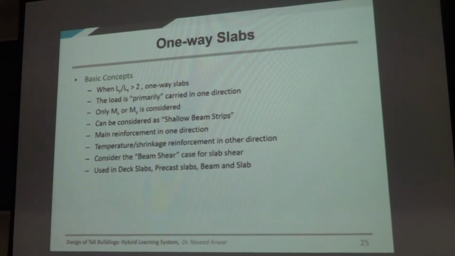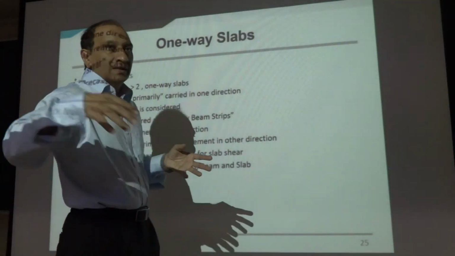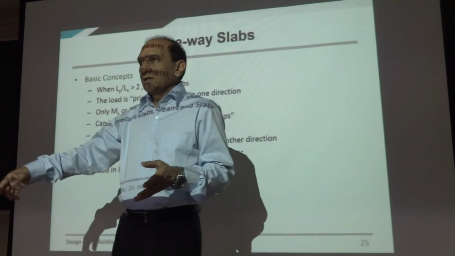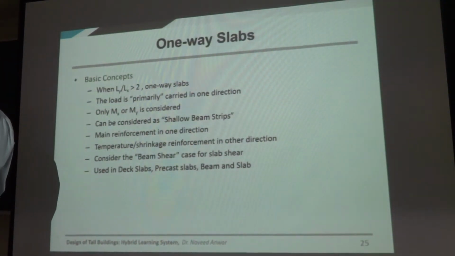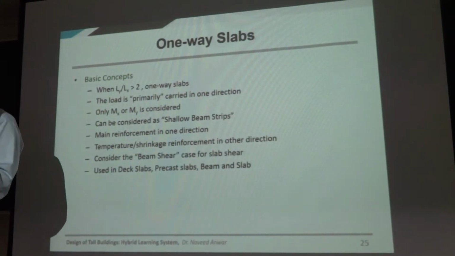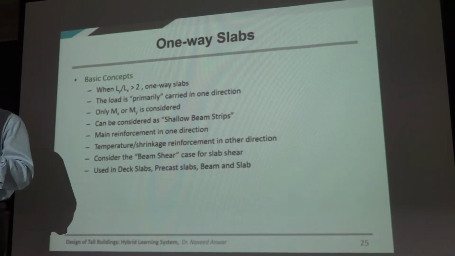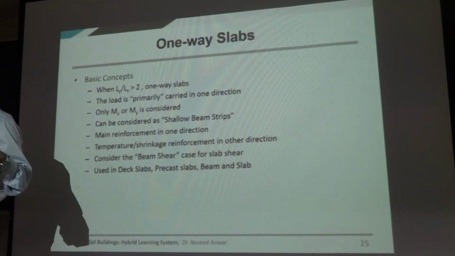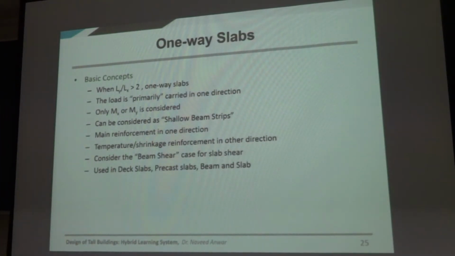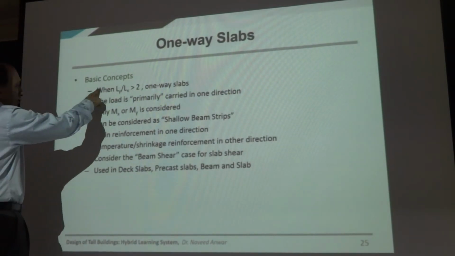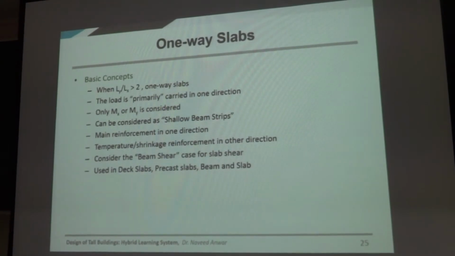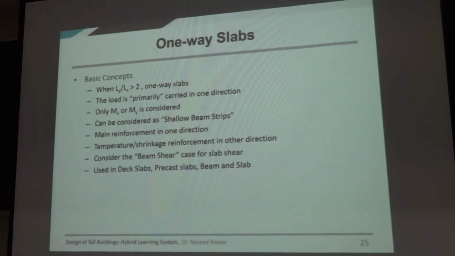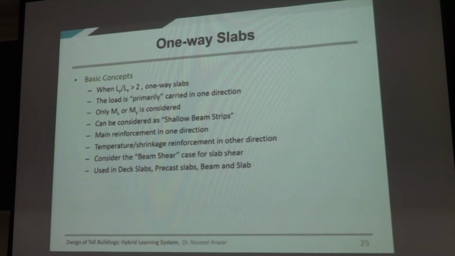That means slabs which are clearly supported on beams or walls. So you can take a strip of that slab and you design them as a beam of 1 meter width or half meter, whatever width, right? So you can use the one-way slabs can be designed in this way when they are supported on beams or walls. So it's very simple. This is the definition. If your slab is falling within this definition, you can use this simplified method.